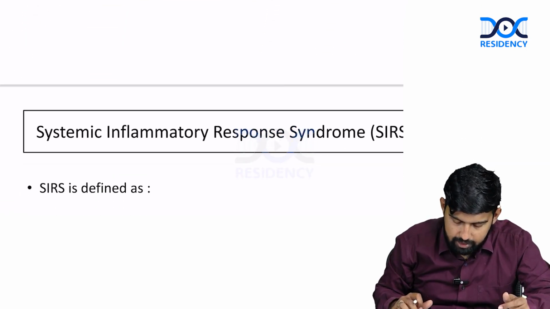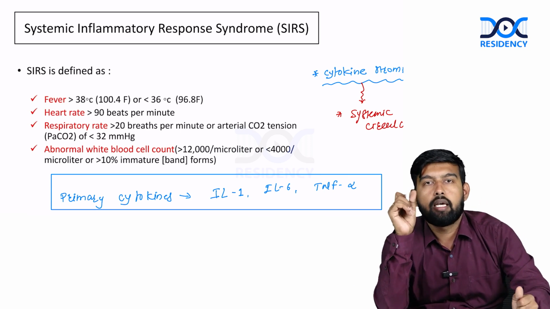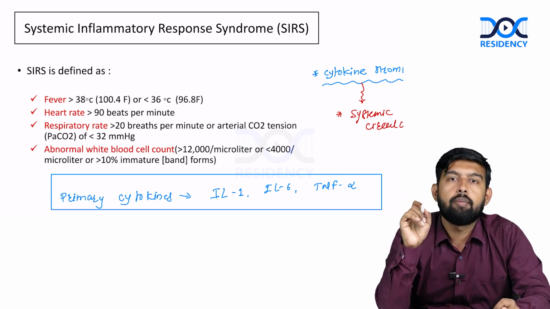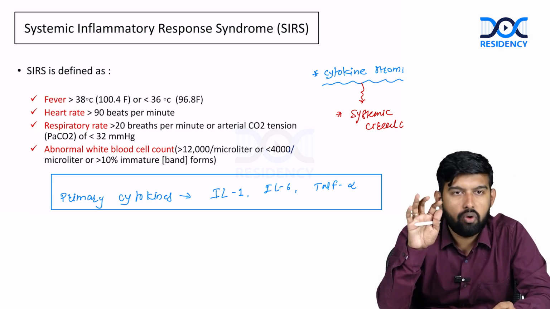So let's see what the systemic inflammatory response syndrome is. There can be a short note on the systemic inflammatory response syndrome. So basically it consists of four components.